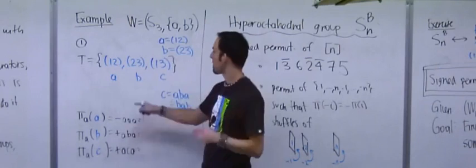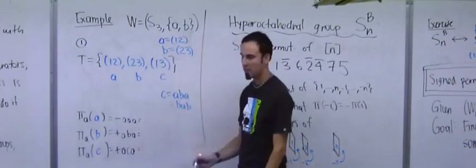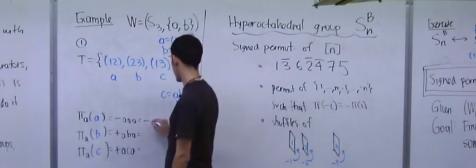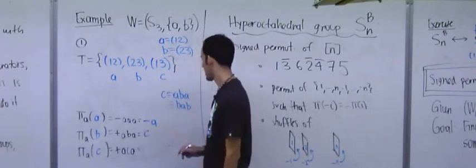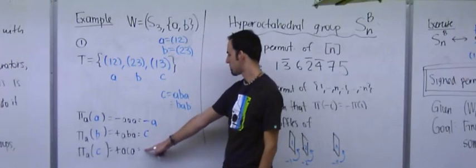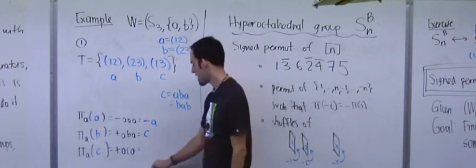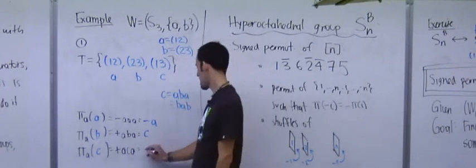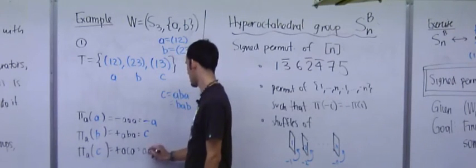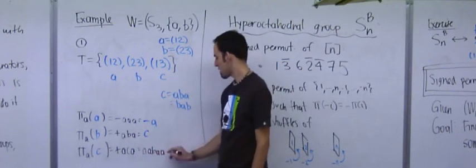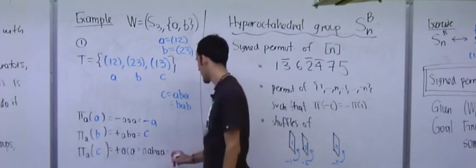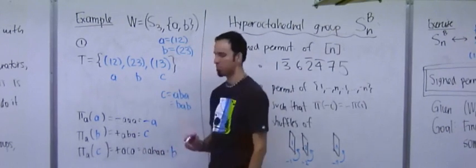AAA, well, we know that A squared is the identity, so this is just minus A. ABA is C. What about ACA? Well, ACA, we know that C is ABA. So we can plug that in, cancel AA, cancel AA, and I get B. Okay?